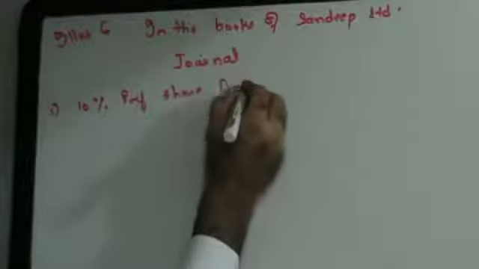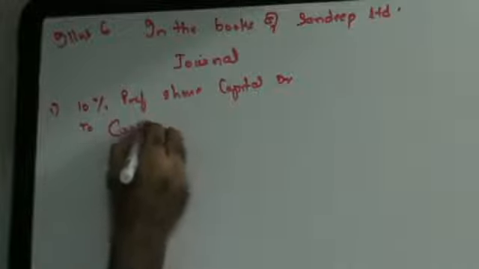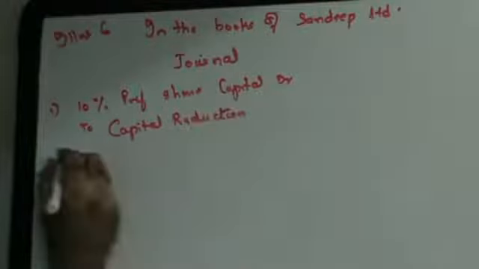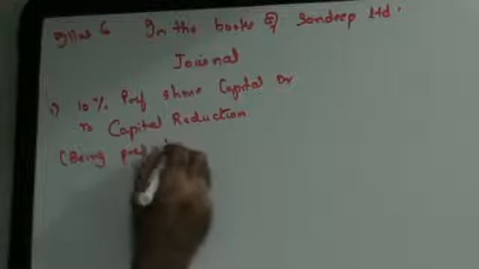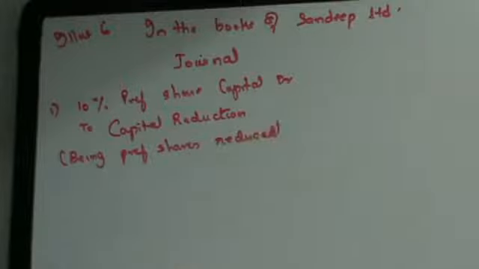So this will be 10% preference share capital account debit to capital reduction account, being preference shares reduced. They are being reduced to rupees 50 each. They are 100 rupees shares, they are reduced to 50, that means they are being reduced by 50 rupees.